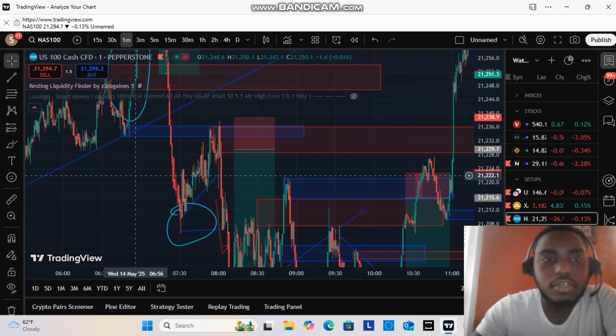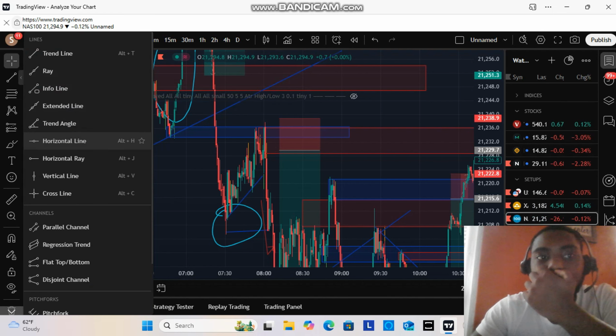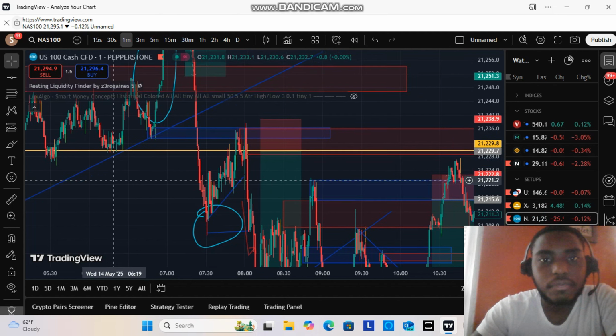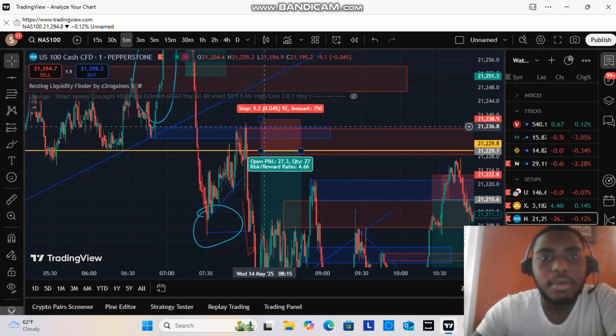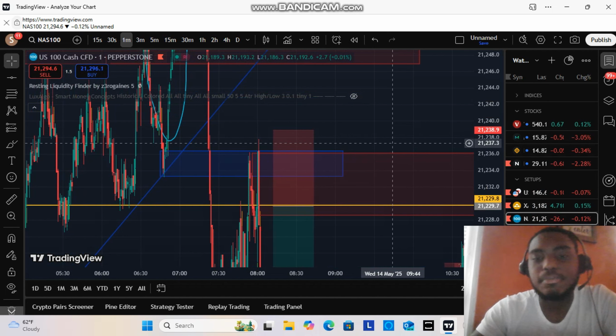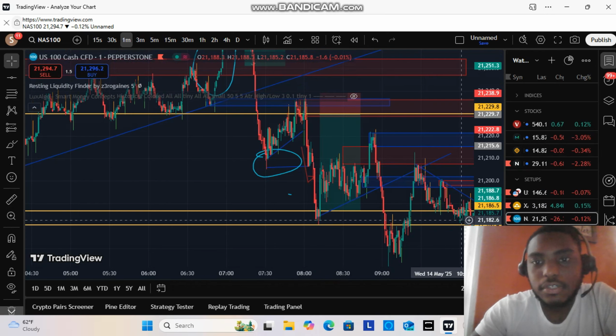Demand turned into a supply zone. So what I did is I entered from down here, and I put my stop loss above the demand that turned into a supply zone. And then I targeted the lows.